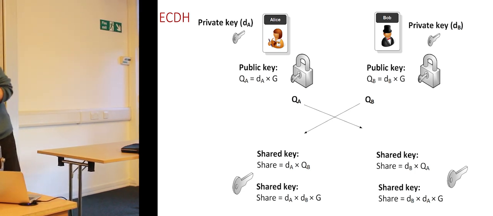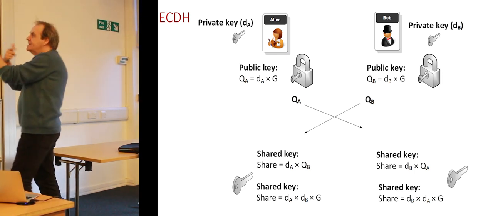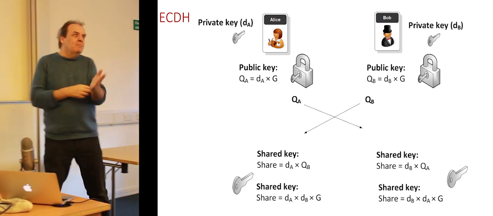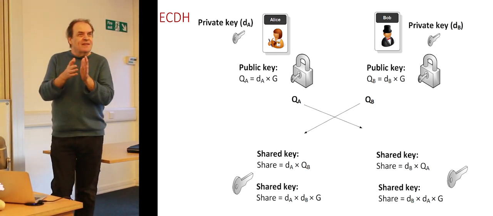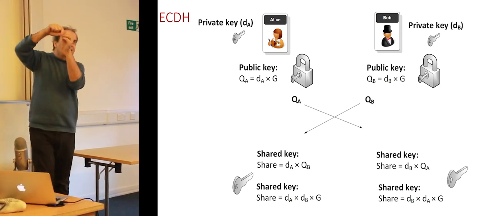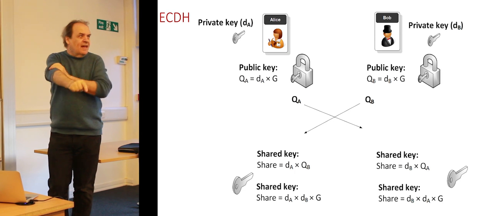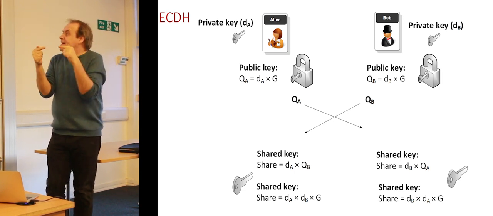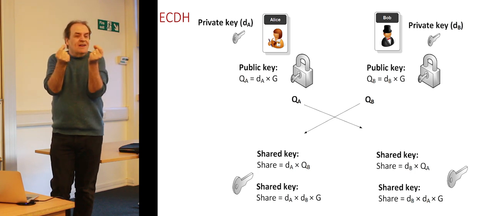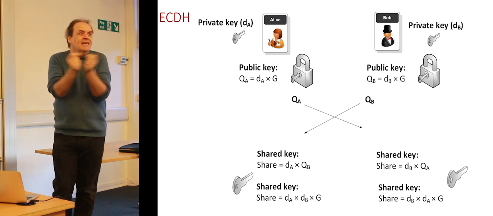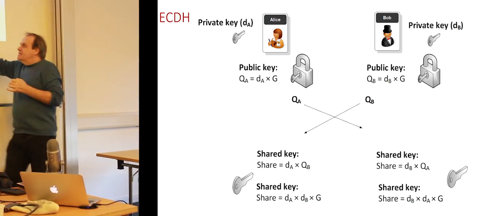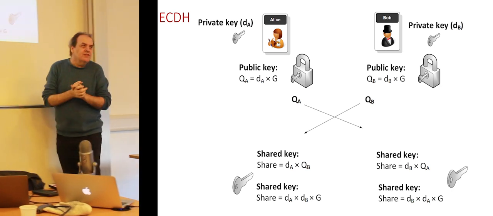So it's an X and a Y point that they go back and forward, and then Alice just multiplies the point that she gets with her value, and Bob takes his value, takes the point and multiplies, and they will both end up with the same shared value. If they want, they could take the X point of the values, and that would be their key, or they could do something together about the X and Y, but that's the core of the key exchange.